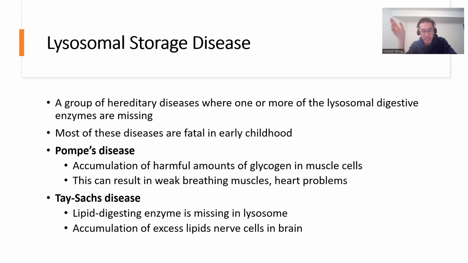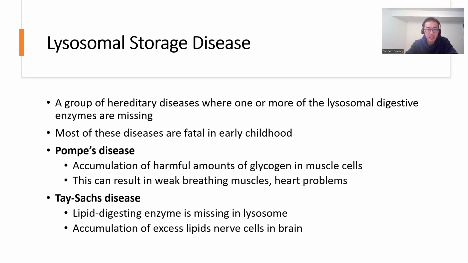So if the instruction in the DNA is wrong, then you don't make the protein. You don't make the enzyme. So depending which enzyme is being affected, the disease that the person has is going to be different. Most of these diseases are fatal in early childhood. Some, even though the person is going to live on, will have debilitating results for their life. So there are two examples here.